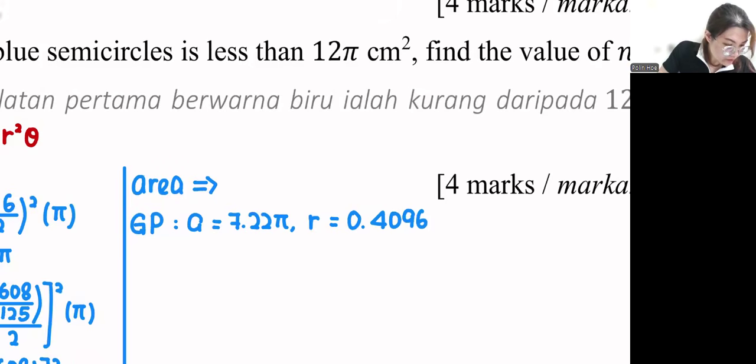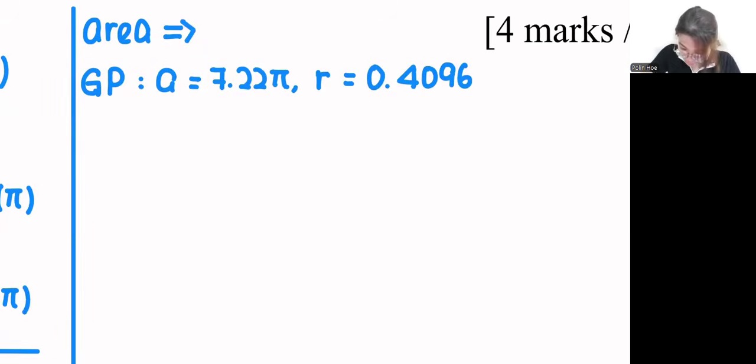I was given that the sum of the first n blue semicircles is less than 12 pi. Sn is less than 12 pi.